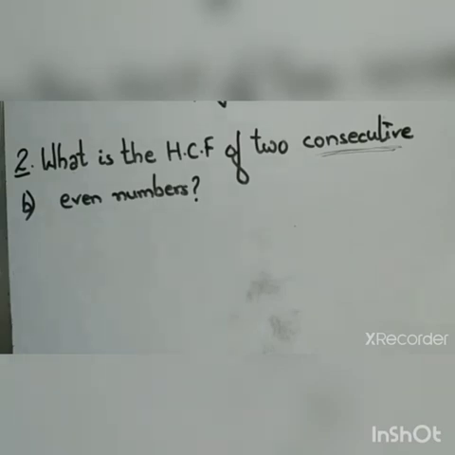In this case, they have asked us to find the HCF of consecutive even numbers. You can take any 2 consecutive even numbers. Like if I am taking number 2, the other consecutive even number will be 4, because after 2, 4 is the next even number.